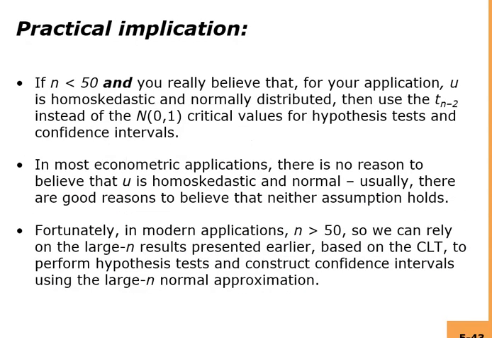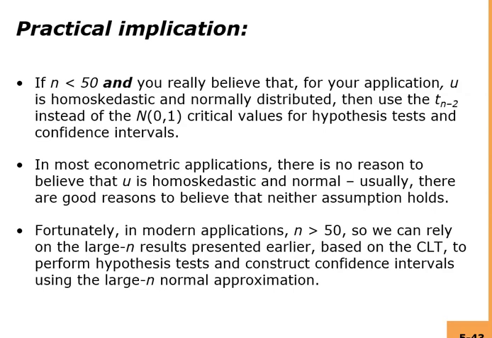So the practical implication is that if n is less than 50 and you really believe that for your application the error term is homoskedastic and normally distributed, then use the student t distribution instead of the standard normal distribution.